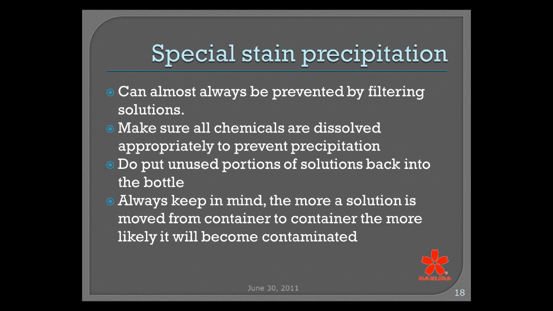Oftentimes, when we mix our chemicals, we don't allow them to go into solution long enough, and you'll get this heavy precipitate that sits on the bottom of the bottle, and that's the stuff that we don't want to get onto our section. That precipitate is going to make your stains blotchy.